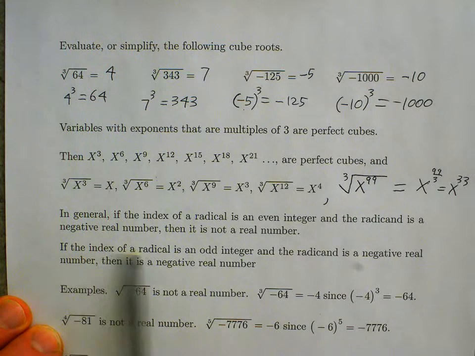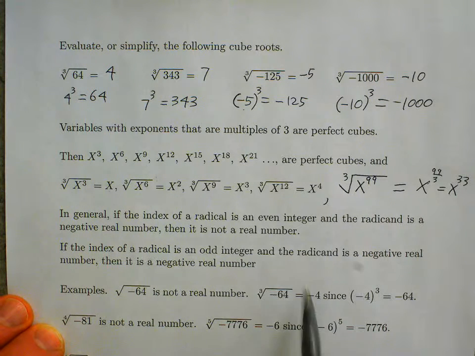If the index of a radical is an odd integer, like 3, 5, 7, 9, and so on, and the radicand is a negative real number, then it's a negative real number.